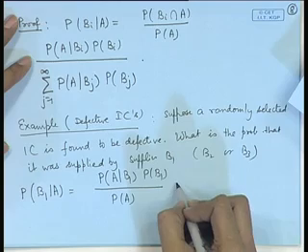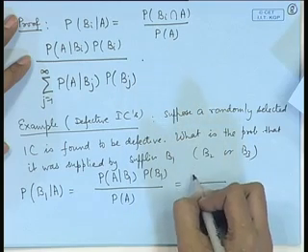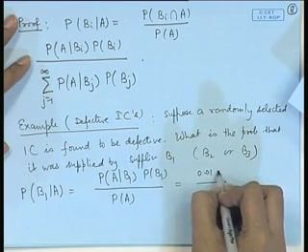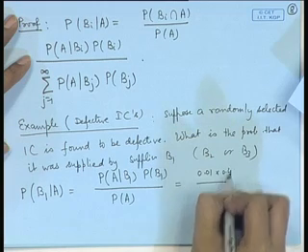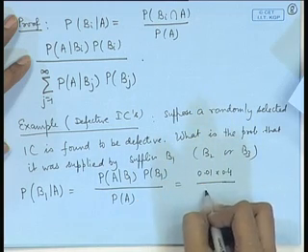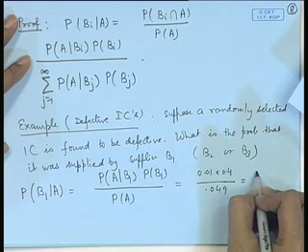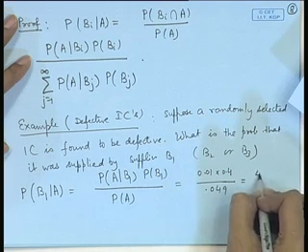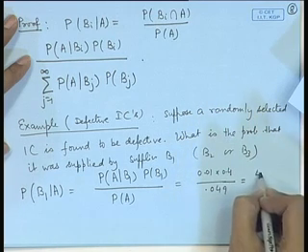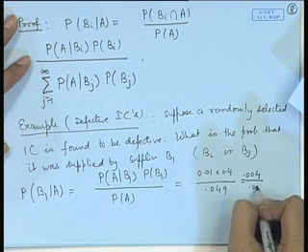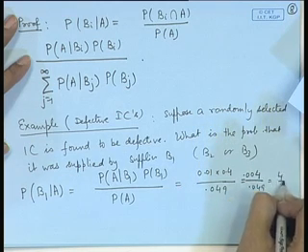So, it becomes simply probability of A given B1, that is 0.01, into 0.4, that is the probability of B1, divided by 0.049, which is 0.004 by 0.049, which we can write as 4 by 49.